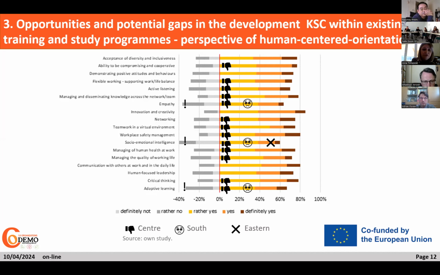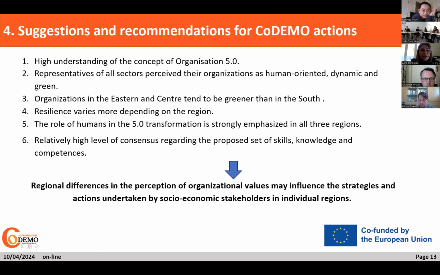So, summing up, we can observe that the general understanding of the concept of Organization 5.0 is, according to the stakeholders, quite high. Representatives of all the sectors perceive that their organization is human-oriented, dynamic, and green-oriented.